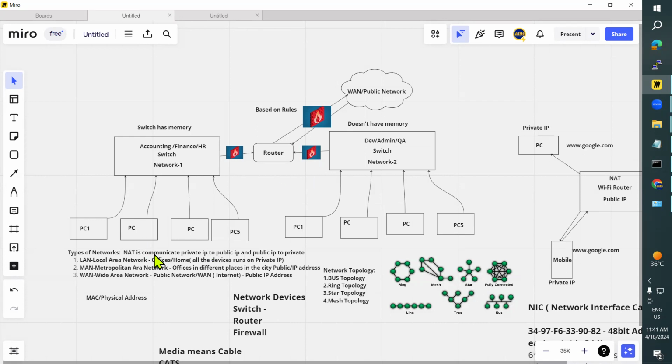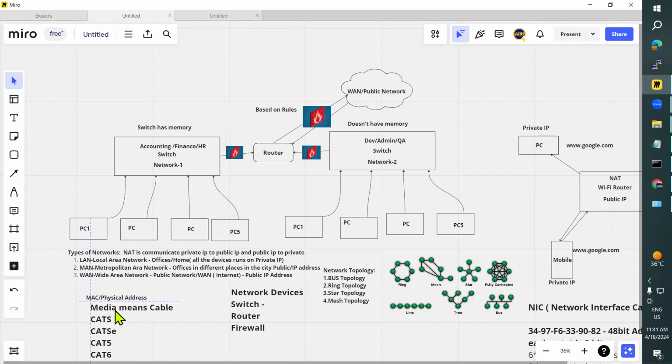So here is one thing I would like to tell you: see the cable. I told you a cable is a media to connect PC to switch, switch to router, router to internet. So all connections are via media, right? There are types of cables.